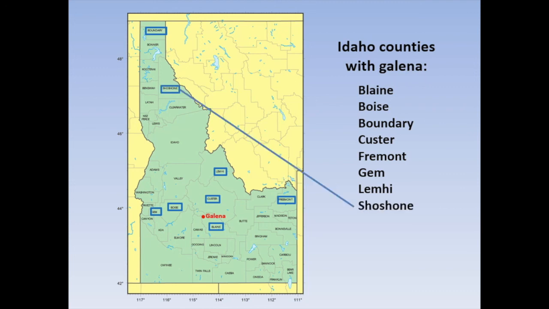Now, Shoshone County in the northern part of the state holds the distinction of having the greatest production of galena. There, many of the silver mines of the Coeur d'Alene district have galena as the host material. These mines continue to operate today.